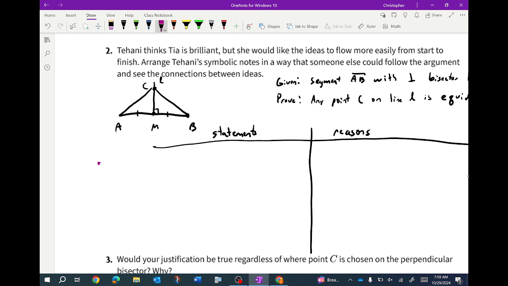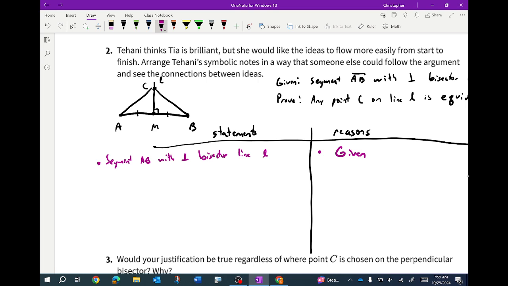Put it all on one line. And the reason we have that is that it was given to us.